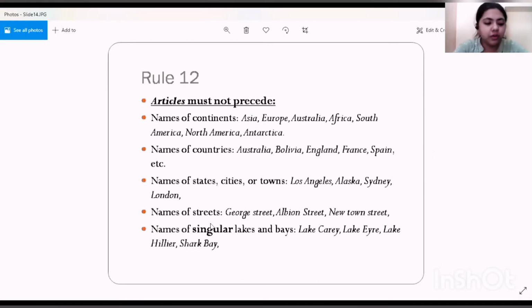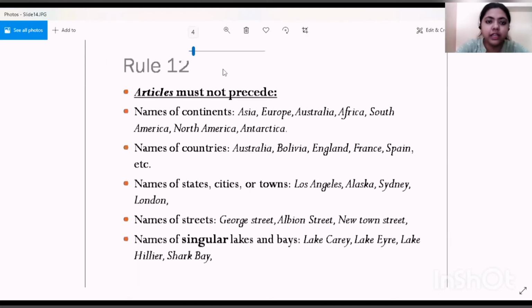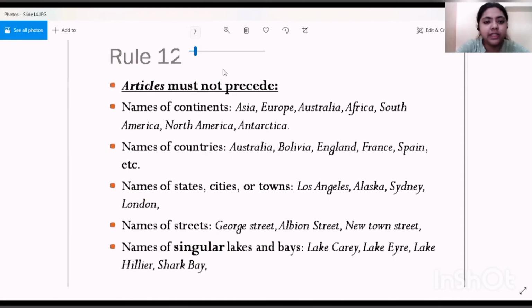Now the most important thing is the omission of the article. Where are we not supposed to use any article, be it definite or indefinite? This is the place where you have to pay much attention, because in your exams you might be asked a question where you have to insert the article wherever necessary.